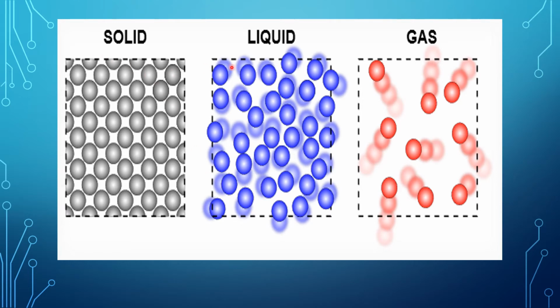In elementary, you would say, Ma'am, in solid, they are closely packed together, with vibrations. In liquid, you have small spaces and a little movement. And gas, they are free to move. That is an elementary way of explaining the states of matter.